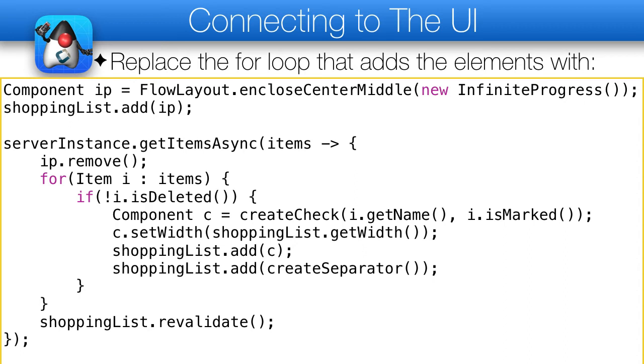So in this case, I'm changing a couple of things. I'm looping over item objects, and if an item isn't deleted, I'll just add it, just like before, only one by one based on the item value.